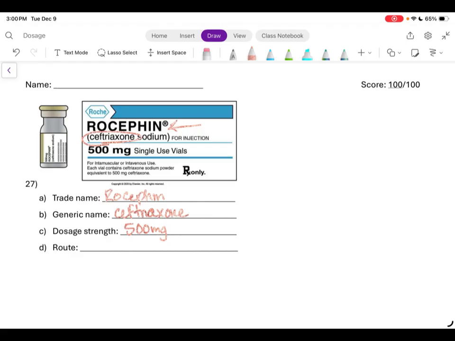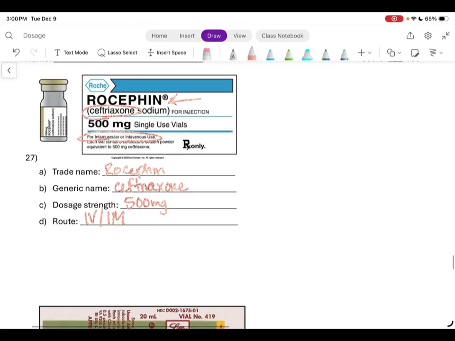And then our route is right here in small letters, so IV/IM, right? No amount to list here because it's just a single use vial, so you just use up the whole vial and give the 500 right away. It's not a multi-use vial or something where we have to only use like half of the vial for a patient. Okay.